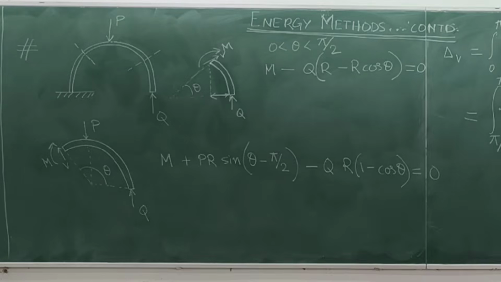If you wish, you can divide it from 0 to pi by 2 and then take this angle and do all these things. Ultimately it will come back to that only. So this is our expression of M.